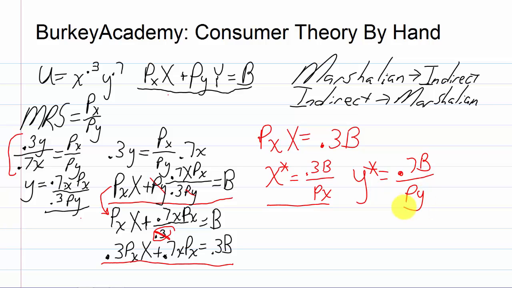Now, the next thing you'll want to see is how do we take these Marshallian demands and convert them into an indirect utility function. What an indirect utility function does is take the price of x, the price of y, and the budget, and tell us directly, even though we call it an indirect utility function, it computes the amount of utility this person will be able to get with this budget at prices py and px.